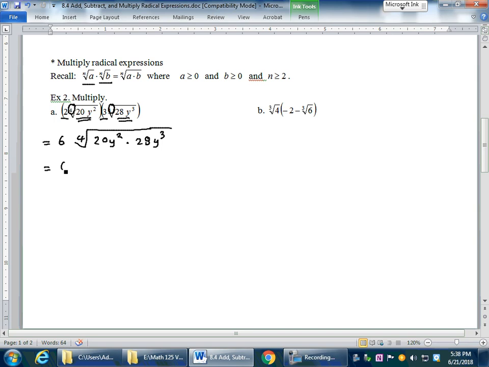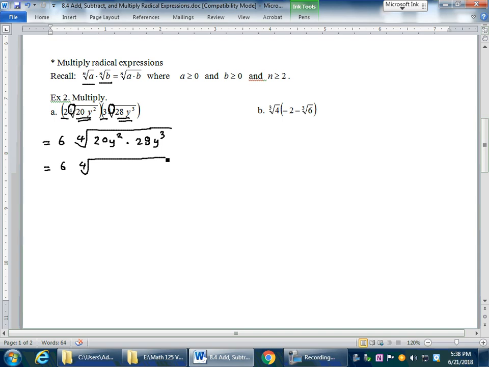So from here, I can basically simplify this. 20 and 28. So here's a few ways that you can do it. If you are good at calculator, you can go ahead and multiply first and then continue reducing.